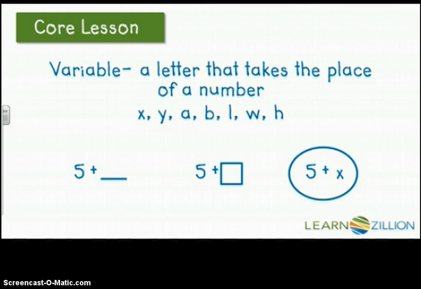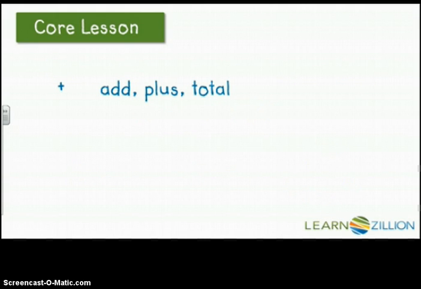Now sometimes when we are translating a word form into an algebraic expression, we're going to need to figure out from the words what operation we need to use. If we're going to be doing addition, we may get a clue from some of these words: add, plus, total, sum, or increased by.